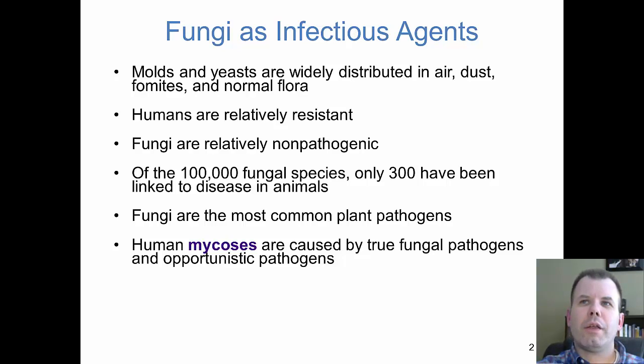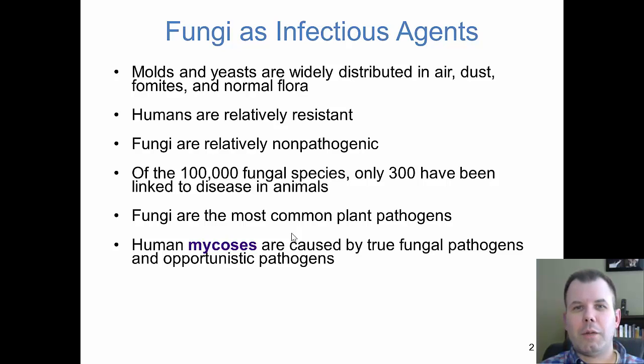Again, fungi are relatively non-pathogenic: there are over 100,000 species of fungi, but only about 300 of those actually cause disease. A very small number, but those small numbers can cause very aggravating, pretty nasty looking diseases. Now, fungi do cause a lot of plant pathogens, so if we were plants, we'd probably be more worried about fungi.